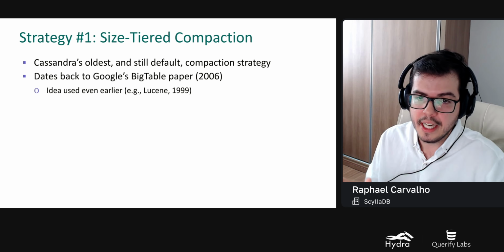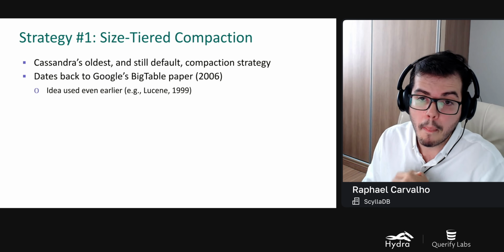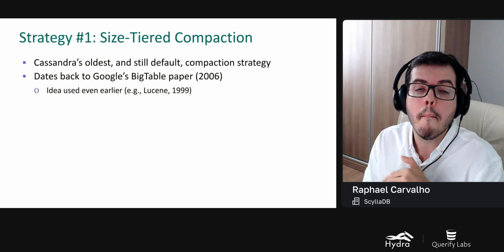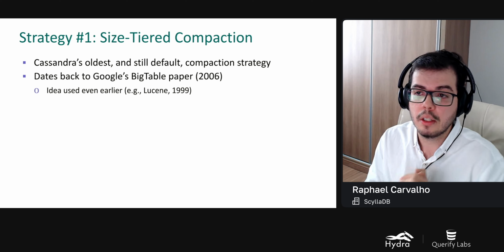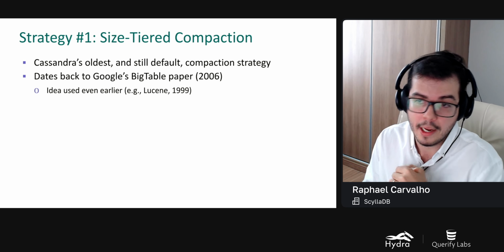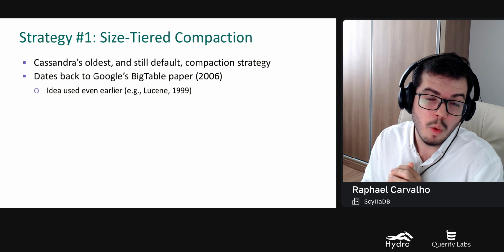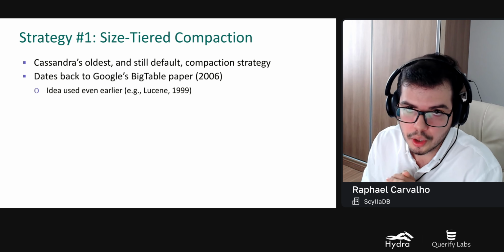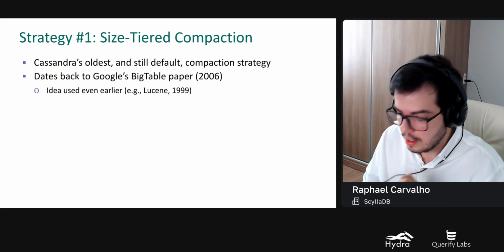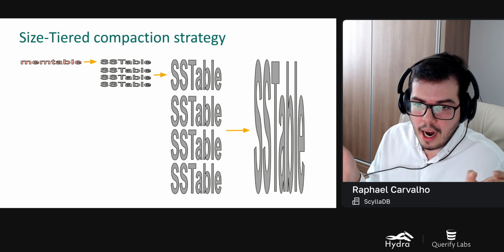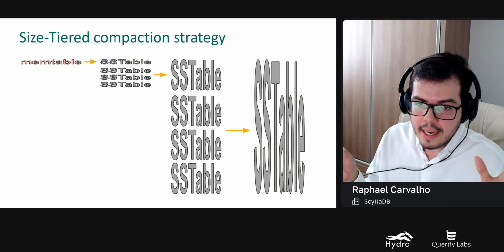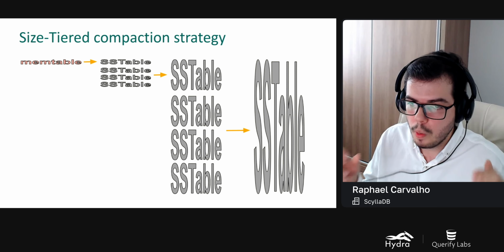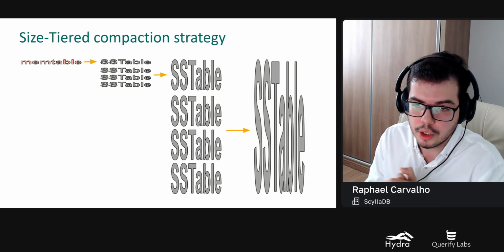It dates back to the Bigtable paper. So it has several compelling properties, which made it popular as the first and default compaction strategy. But it was clear that we also needed a leveled policy which reduced the space amplification. So this is how the LSM-tree shape looks when the tiered compaction strategy is used.